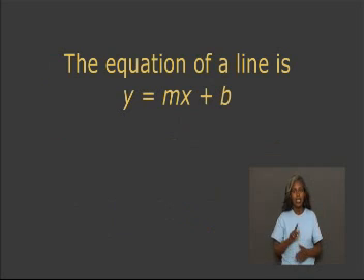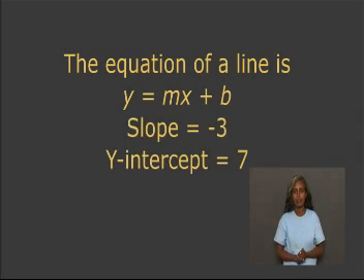The equation of a line is y equals mx plus b, where m is the slope and b is the y-intercept. Therefore, the slope of this line is negative 3 and the y-intercept is 7.